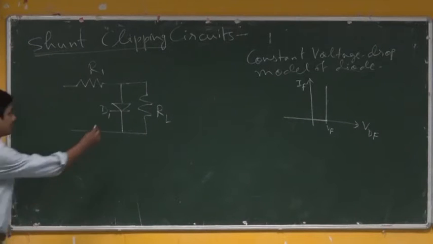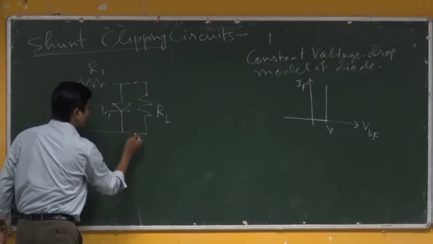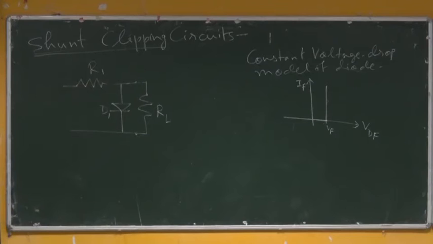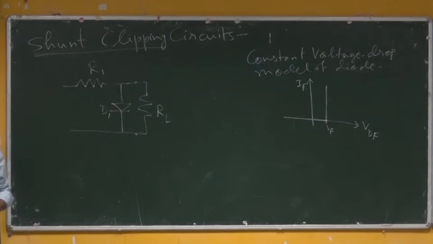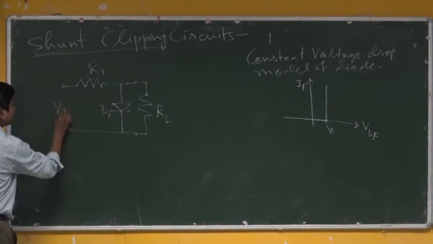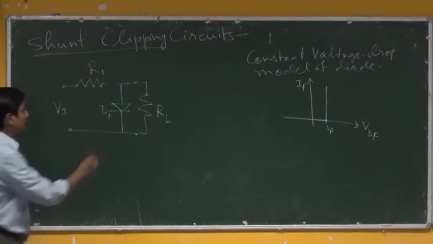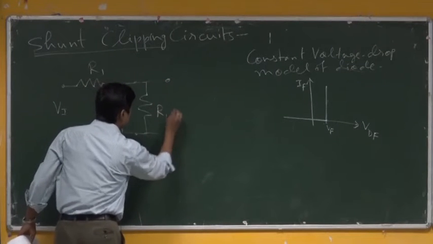Since the diode is connected parallel to the load, we will call this configuration a shunt configuration. And since it is working as a clipper, we will be calling it a shunt clipper circuit. Okay. So, in this, if some voltage Vi is applied here, we will get some output voltage, say V0.